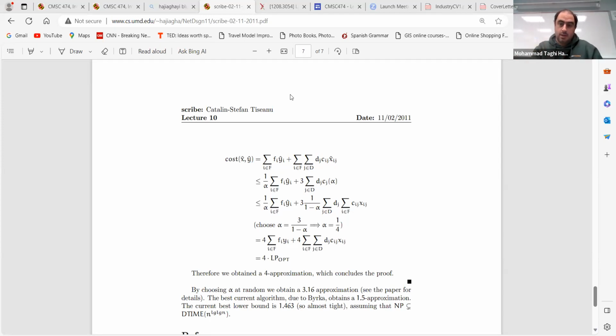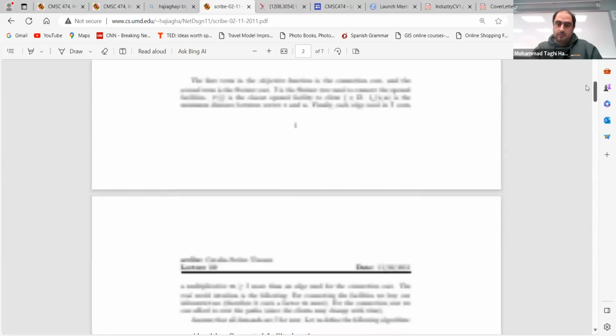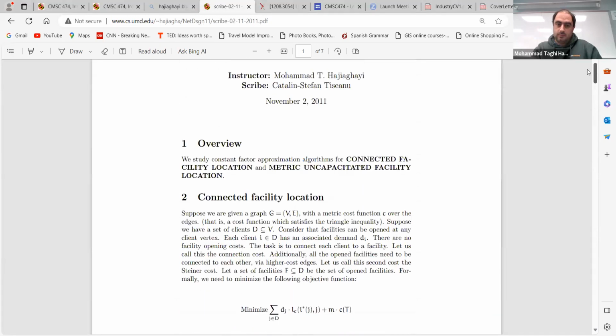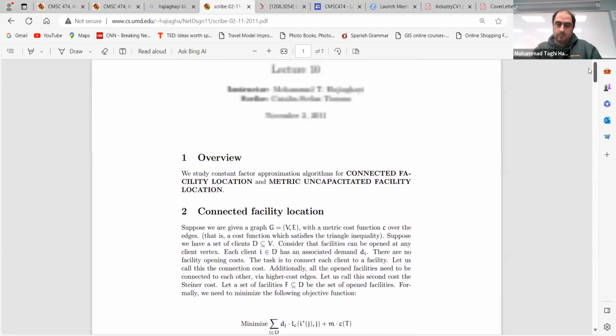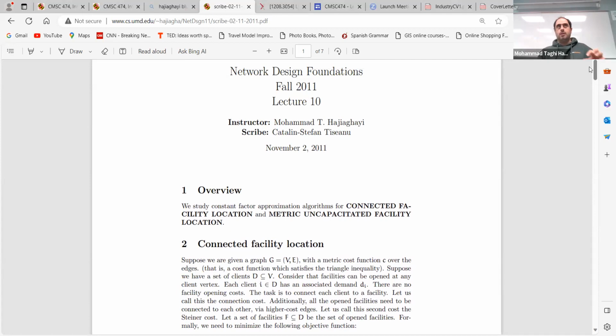Big open problem. Now, I want to shift here. These clustering problems, like facility location or K-median and K-center, are actually connected to Steiner tree or connectivity problems through the problem of connected facility location.